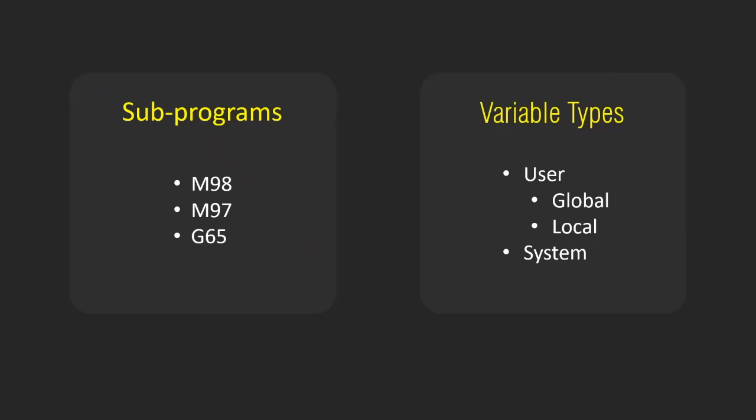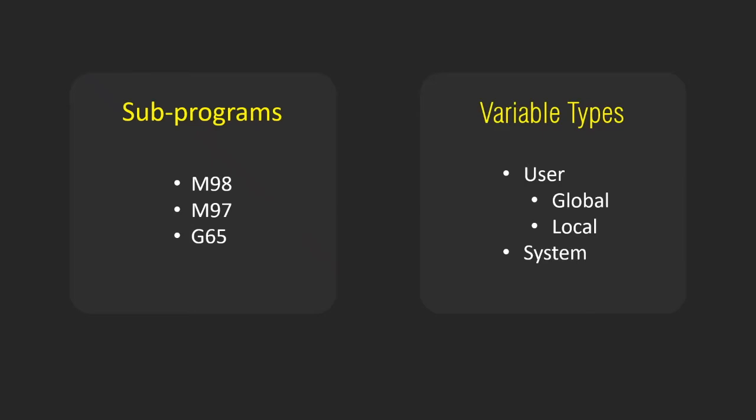G65, which we've seen a bunch of as we went through these webinars, is very similar to M98, except it allows us to use what are called arguments. Basically, we can pass information into the subroutine, and we've been doing that.